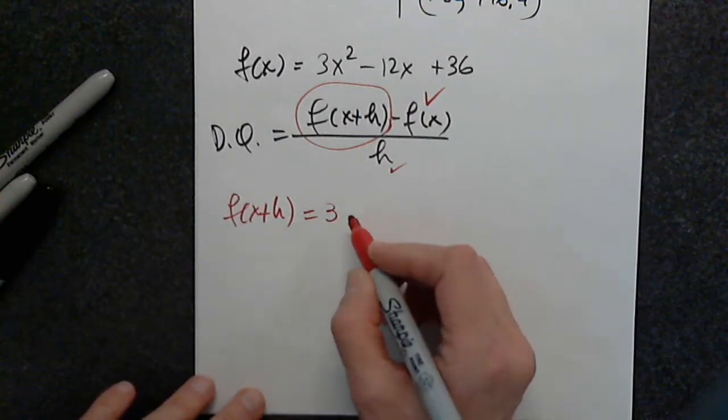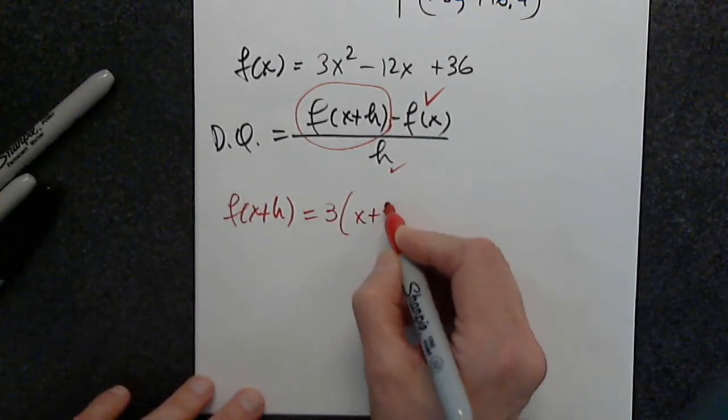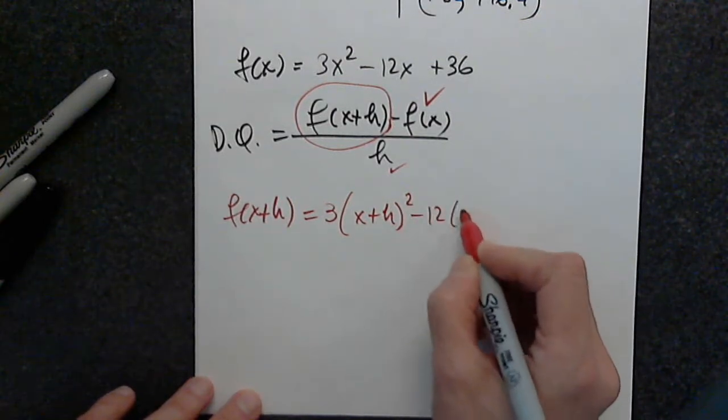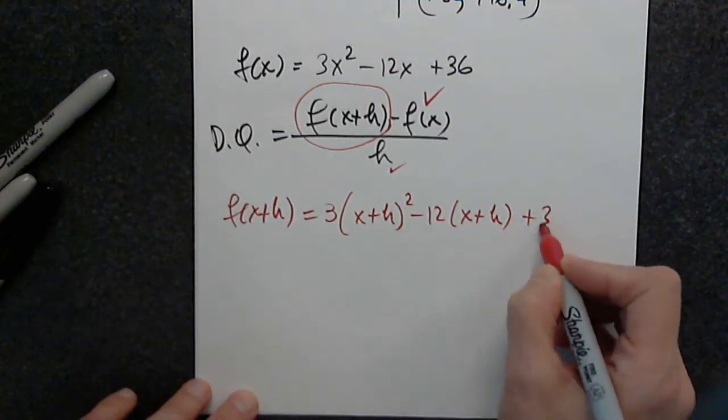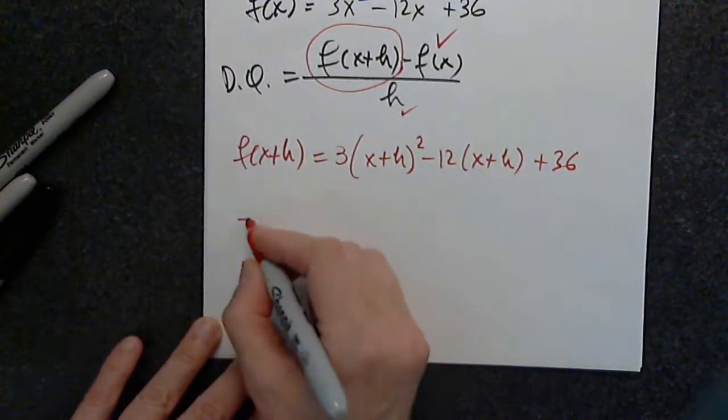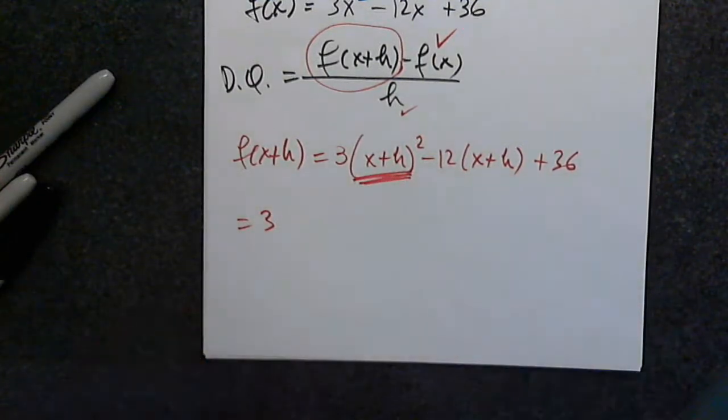Yes, so I'm ready. 3 times x plus h squared minus 12 times x plus h plus 36. So f of x plus h is the same with f of 3 or f of 10 or f of 100. It's just that I'm replacing now x by x plus h instead of 3, 100, and so on and so forth. I have to expand this, right?